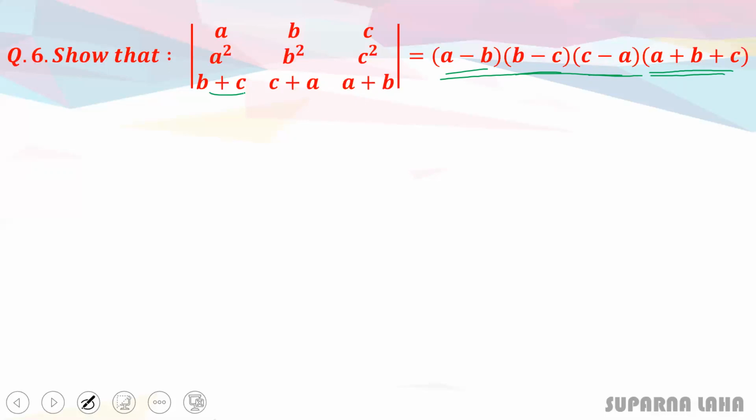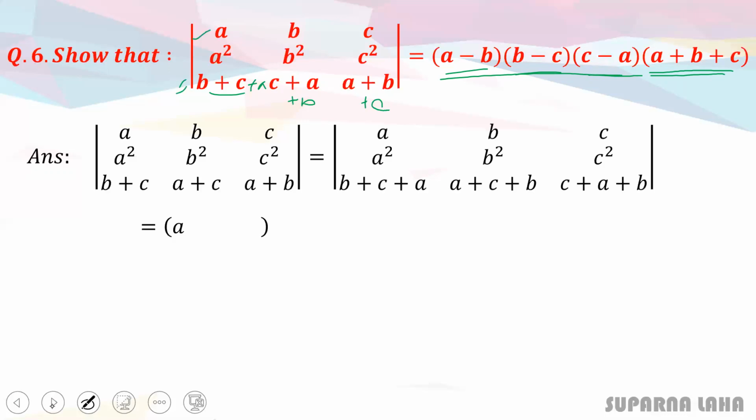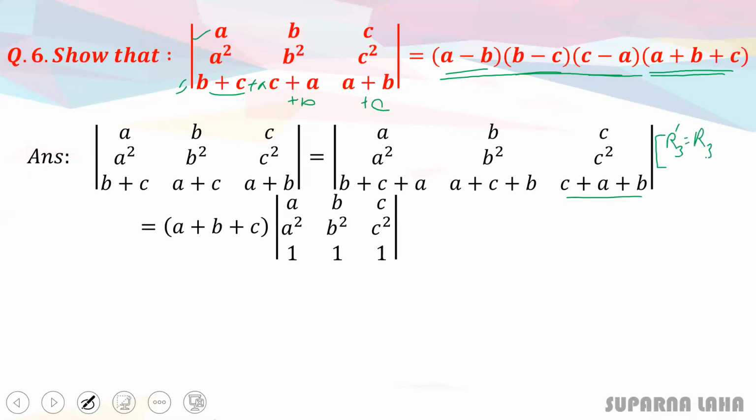If we add A here, B here, and C here, that means I'm doing this addition of R3 with R1. So apply this operation, so A plus B plus C in this third row. Write down this operation, that is R3 dash is given by R3 plus R1.